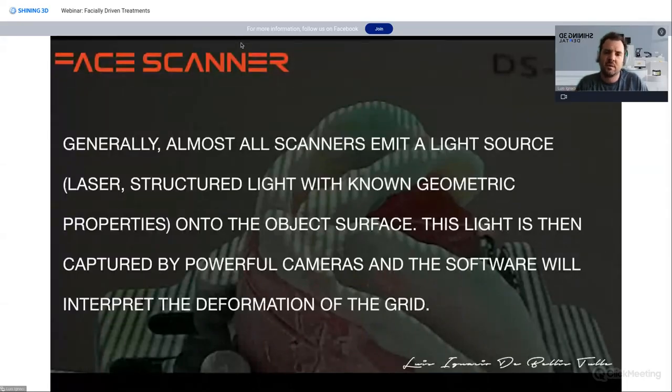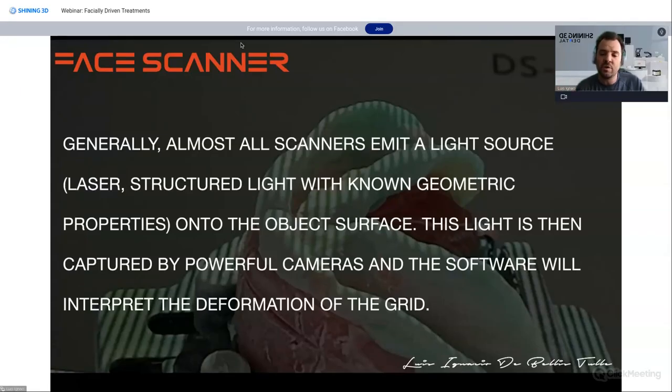Face scanners, intraoral scanners, and table scanners generally work by emitting a light source. As you can see in that picture, they emit that curtain, and that curtain has some specific specs that are read by the software of our scanners. For example, between each curtain you might have a 1 millimeter space. And while that curtain is hitting the surface of our object, it's going to deform.